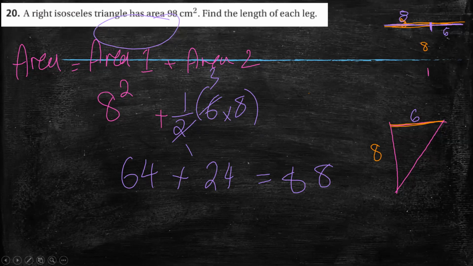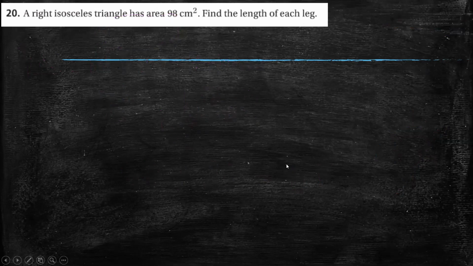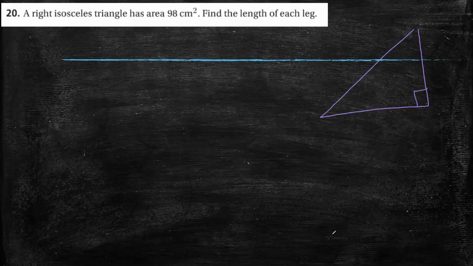Now look at this one here. A right isosceles triangle has an area of 98 centimeter squared. Find the length of each leg. Here we have a right triangle, and it is isosceles. That means these two sides are equal.